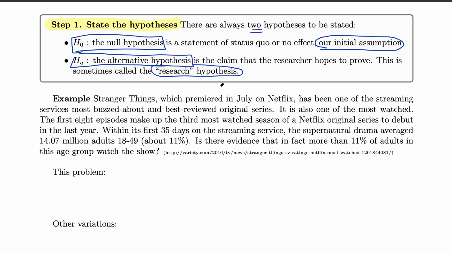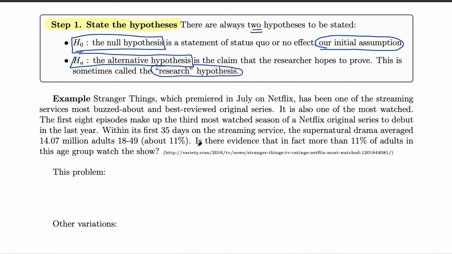So let's jump right into an example to help this make more sense. I don't know if anybody's a fan of Stranger Things. I think I asked that once in class, and quite a few of you were. If you're not, or if you have never seen it, there's something to do while you're homebound now. There's some general information about the show, and we have some questions here at the end talking about that adult audience, the 18 to 49 age range.